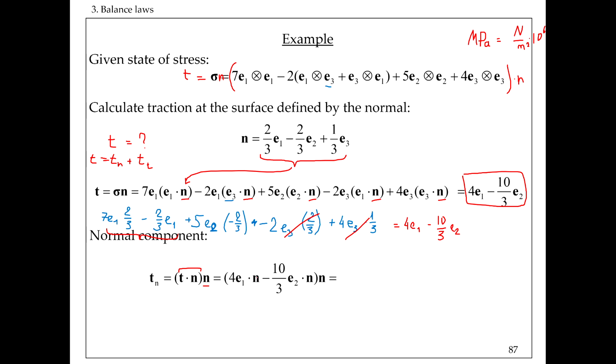So first to multiply it with n again, we basically take that traction vector t right here, multiply with n, so we need to do the whole thing again and again.